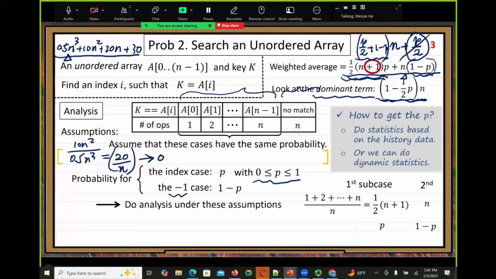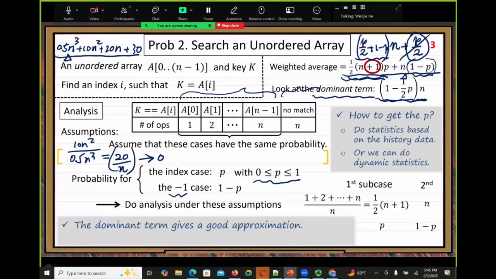So that's the first concept I want to introduce. The dominant term gives a good approximation. The minor terms can be ignored without significant loss. If you look at the ratio when n is large, that loss is tiny, very small.